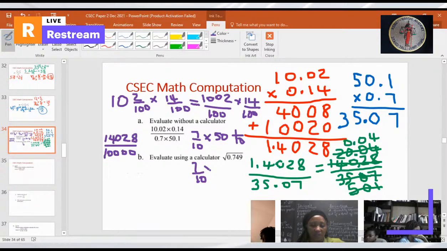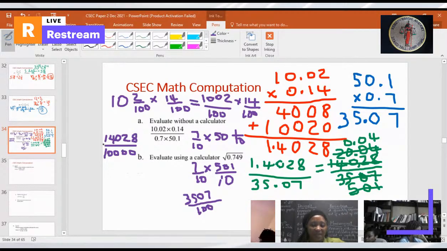So that's 501 over 10. And 7 times 501 would be 3,507 over 100.